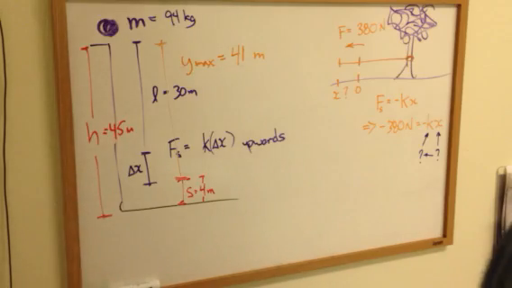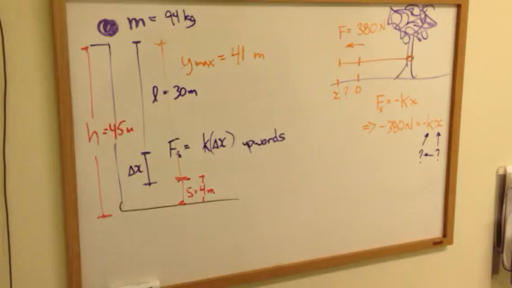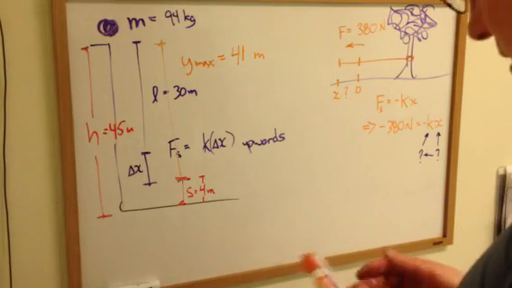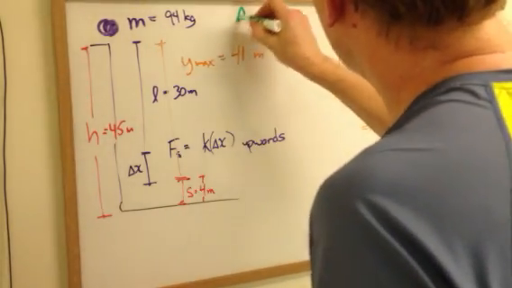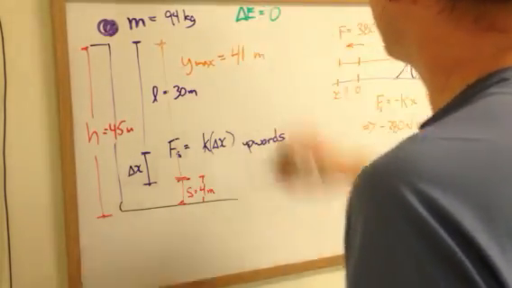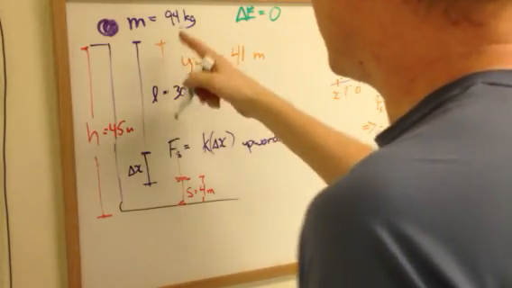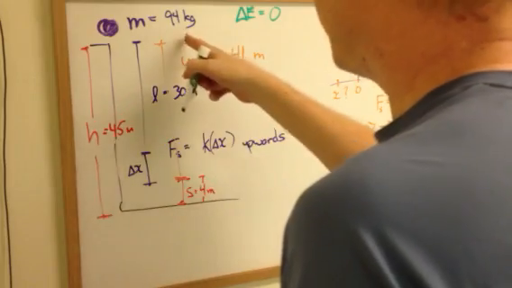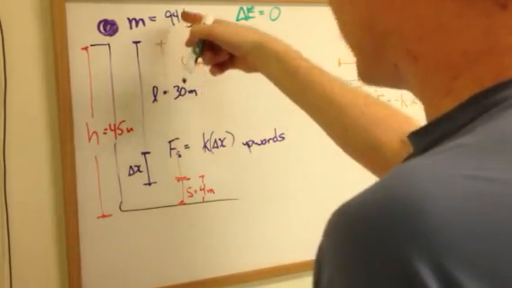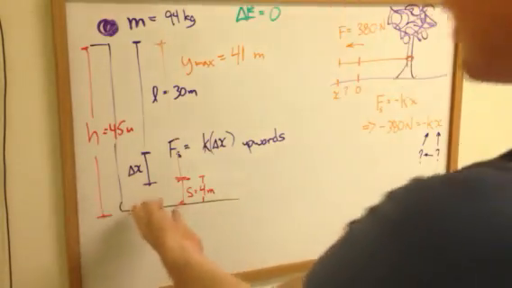So this is an energy homework, so you might want to think, wow, maybe we can use energy to figure out what k is. And yes, that's the case. Let's think about conservation of energy. Conservation of energy says the energy is not going to change. So that means the energy up here is going to equal the energy down there. At the bottom, just as he stops stretching, he's not going to have any speed.